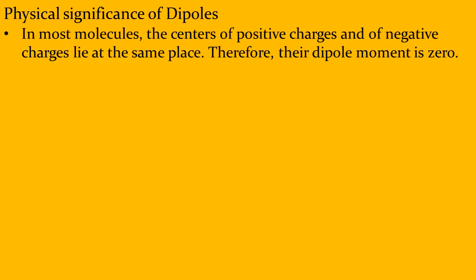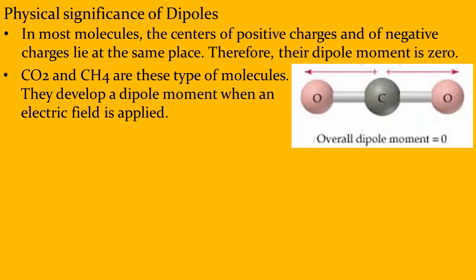Now, what is the physical significance of dipoles? In most molecules, the centers of positive charges and of negative charges lie at the same place. Therefore, their dipole moment is zero. The carbon dioxide molecule and the CH4 molecule are these types of molecules. Now look here, here is a carbon dioxide molecule.